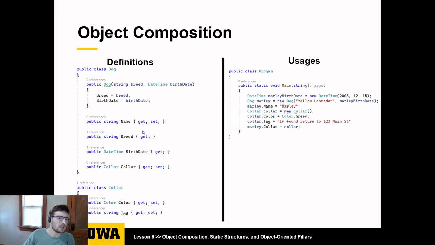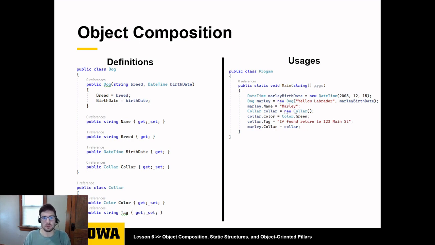Okay, so let's see an example here on the trivial end. We have a dog class, similar to the dog classes we've seen before, but now we can see that a dog also has a collar. Now C# doesn't know what a collar is, so we also have to tell it that. So here we have a definition for what a collar is in general. And you can see collar is also composed of another object called color.